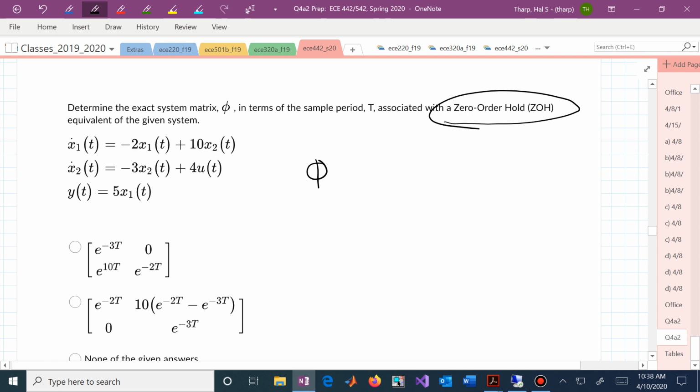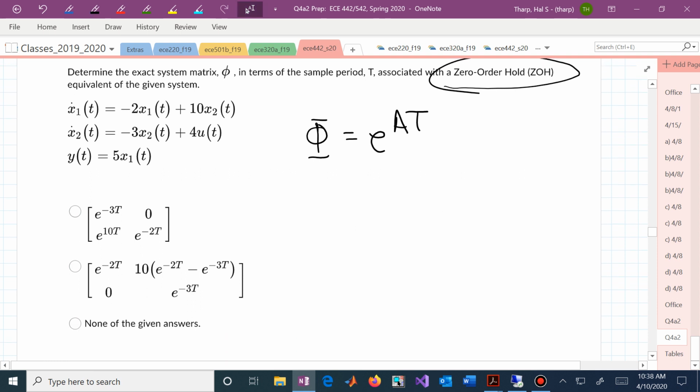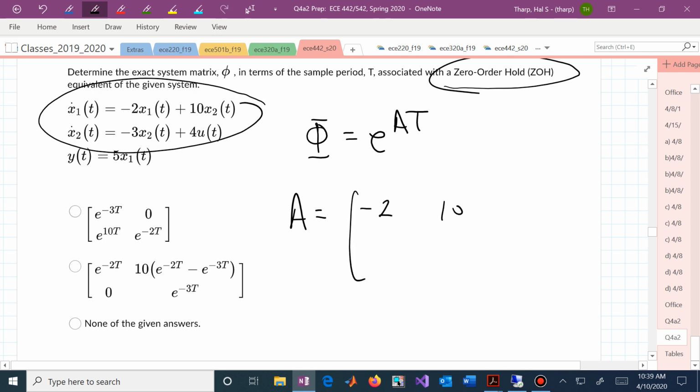Now we're doing a zero order hold, and in fact we're looking at finding this e to the AT, where this e to the AT is determined, or A comes from, that set of dynamics. We now can see that A is minus 2, 10, minus 3, 0. Whoops. This is now a minus 3 x sub 2, so that now goes in the 2, 2 entry.